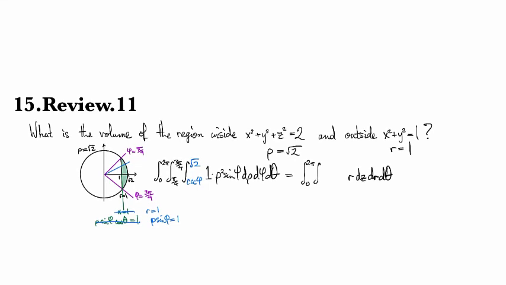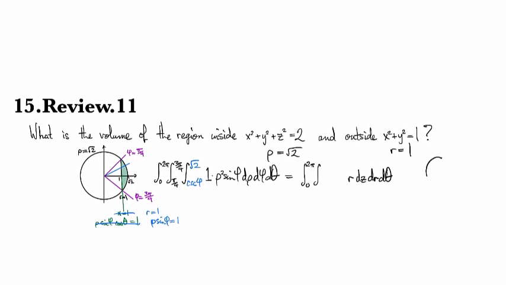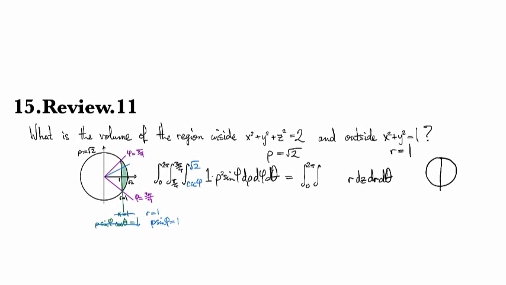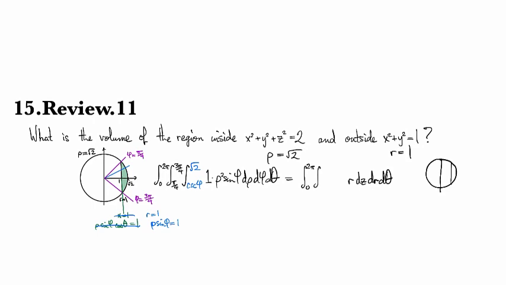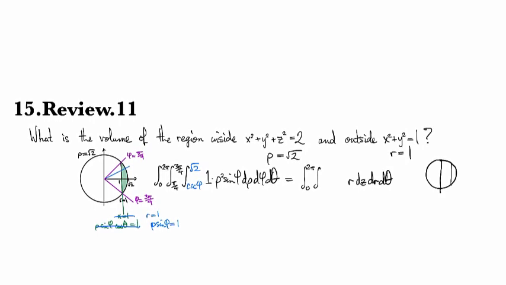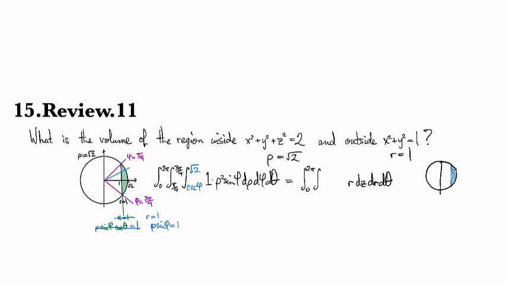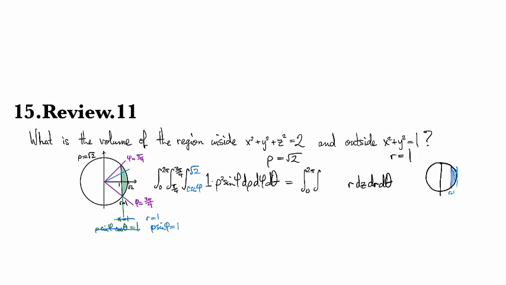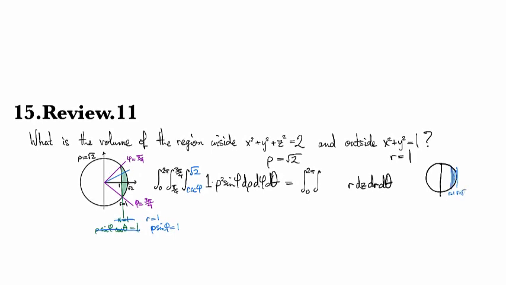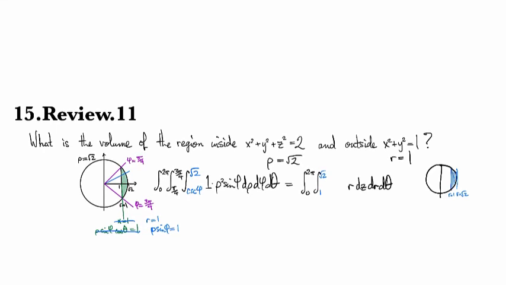So if I'm going to do r, here I'm going to draw myself a little doodle of it again. Basic idea here is that we're going to be doing cylindrical shells, right? So we're going to be integrating dz through these slices, and I'm going to be picking those slices up from r equals 1 to my last slice, which is just a point at r equals root 2. So this is 1 to root 2.